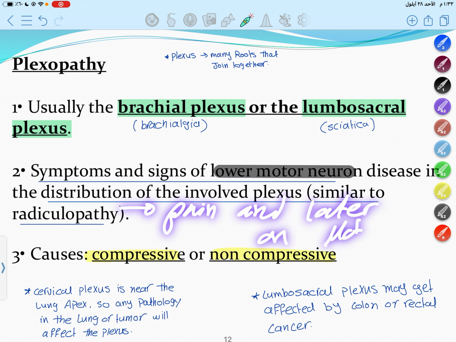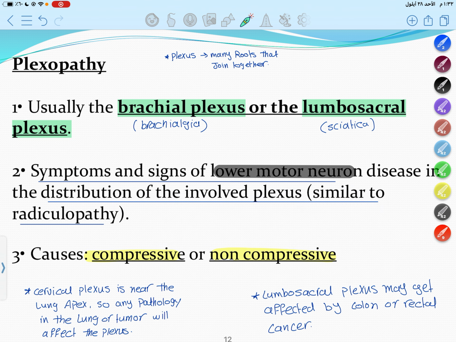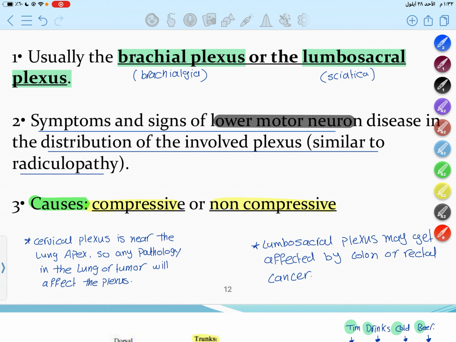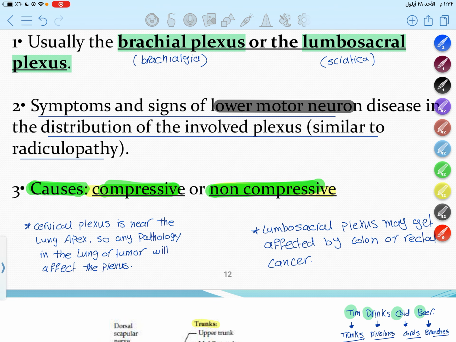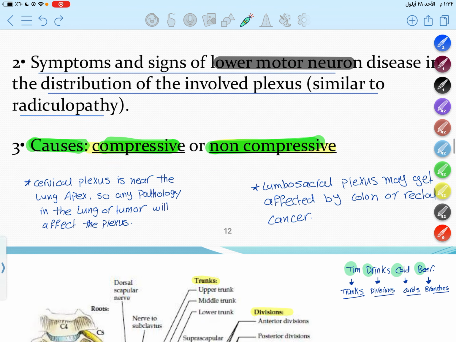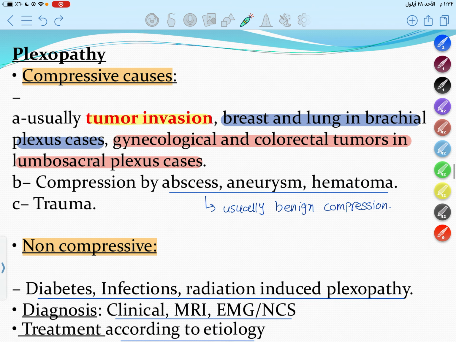And also the causes are like radiculopathy, compressive and non-compressive. But here, the compressive causes in plexopathy differ from the compressive causes of radiculopathy. Why? Because the brachial plexus is usually nearby the upper part or apex of the chest.